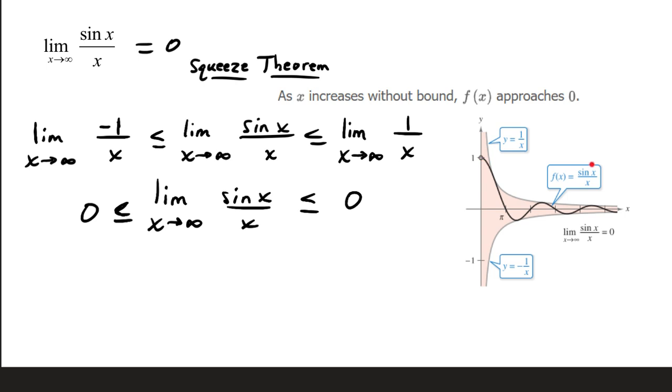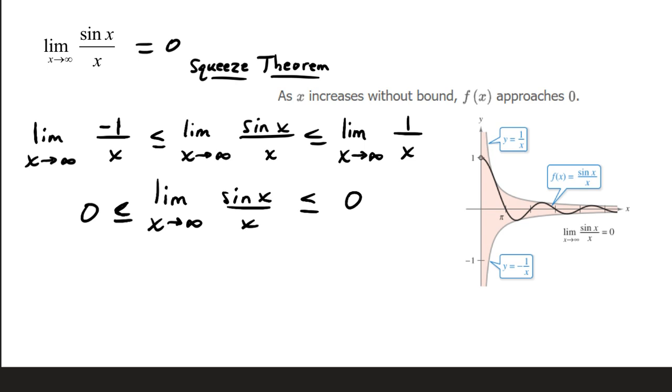Because the sine x part oscillates back and forth from negative 1 to positive 1, that one is a numerator that doesn't quite settle down, but it also doesn't get out of control with an infinitely large value. However, the denominator, the larger it gets, the smaller the fraction becomes overall. So what you get with the graph of sine x over x is oscillating decay. That graph will continue to oscillate up and down, but it's like a dying wavelength.